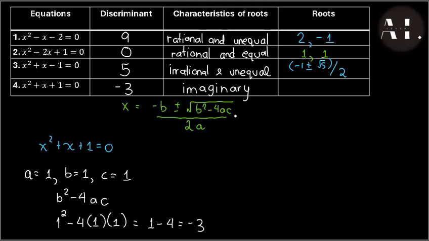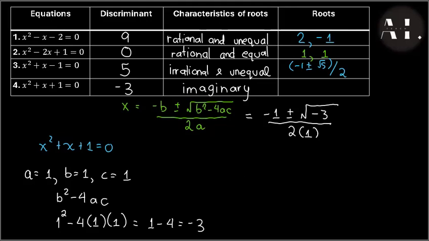Now let us find the root using the quadratic formula. By substituting the values of a, b, and c and the discriminant value, we will get negative 1 plus or minus the square root of our discriminant, which is negative 3, over 2 times the value of a.